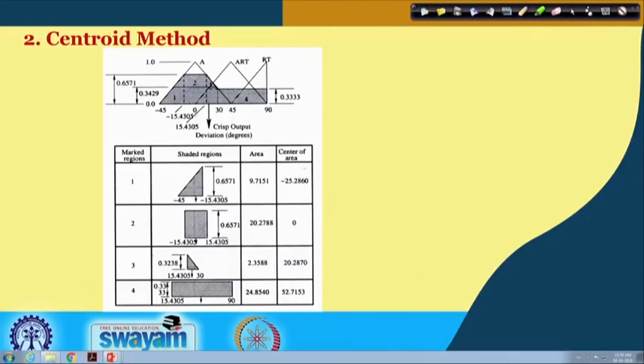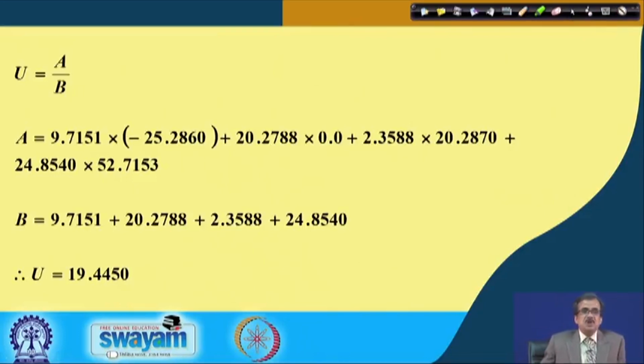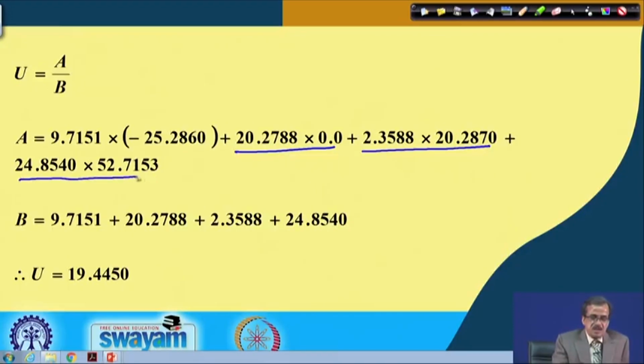Now, I can find out what should be the crisp output corresponding to this, and the crisp output corresponding to this is nothing but u. U is nothing but A divided by B, where A is the area and center of area.